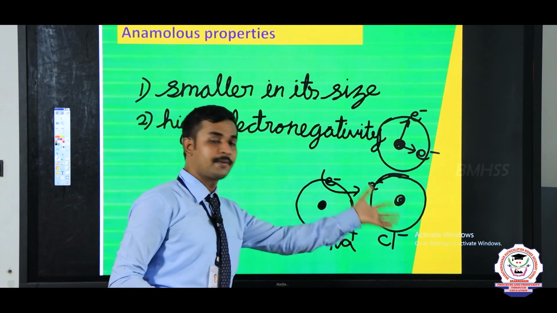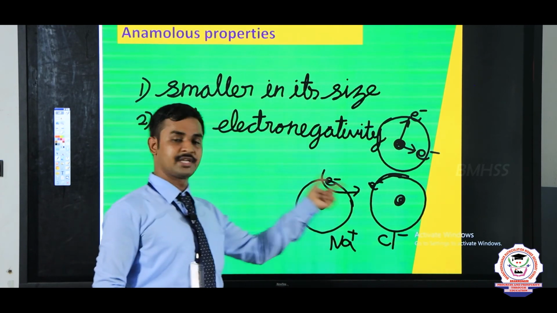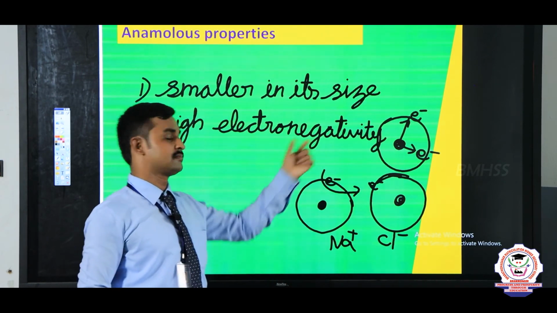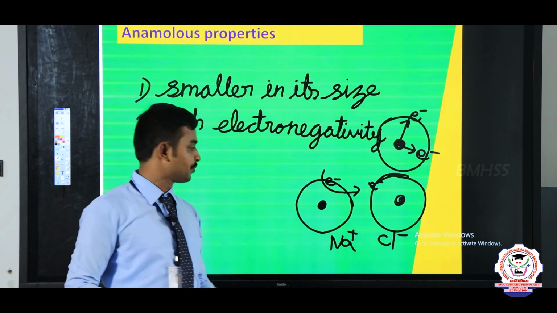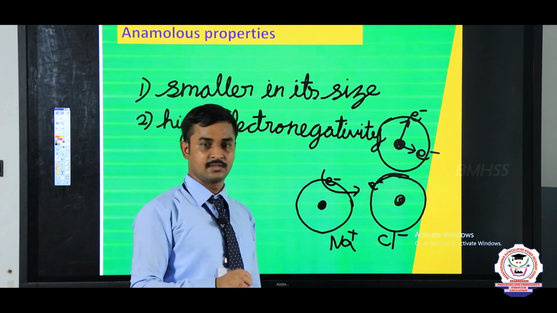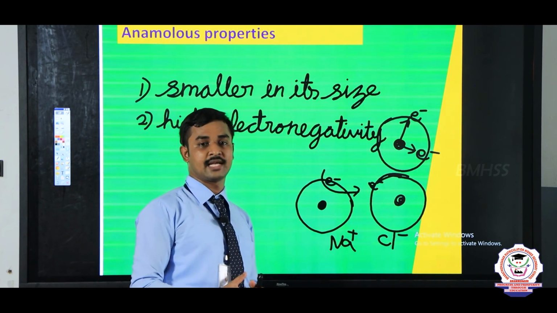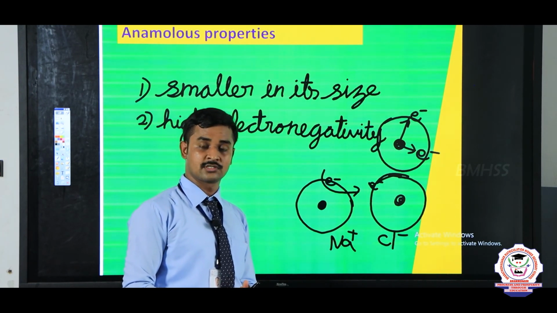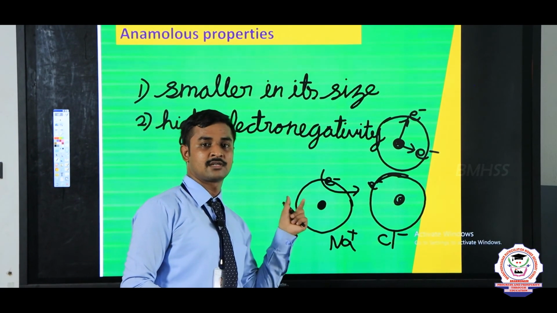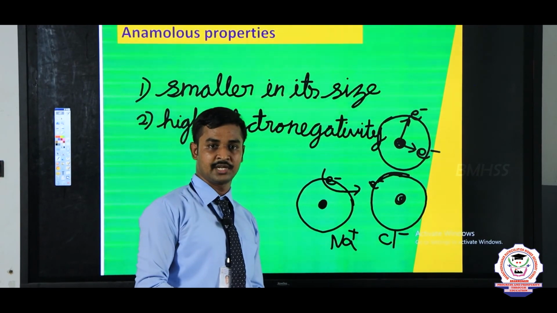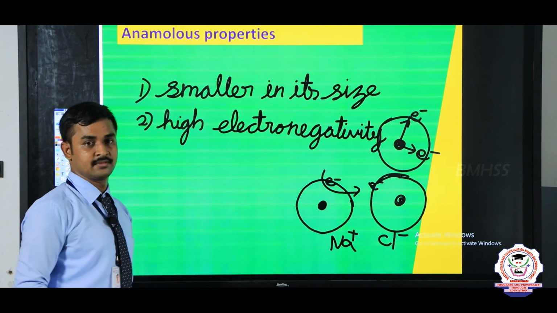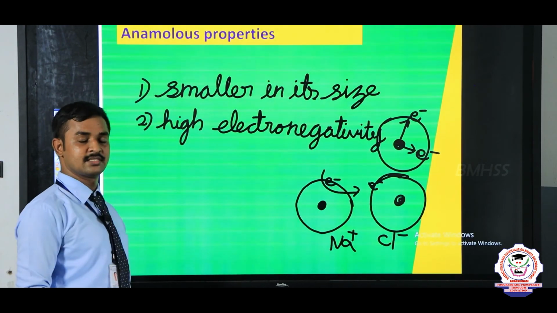So, the attractive property of the chlorine atom, attracting the electron from the sodium, is the property of electronegativity. So, electronegativity is nothing but the atom's tendency to attract the electrons from another atom. Electronegativity can also be defined as a shared pair of electrons being attracted towards itself. So, chlorine atom's electron and sodium atom's electron are both attracted towards the chlorine. So, only it contains the minus charge.